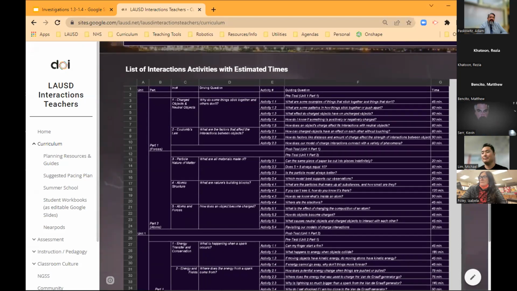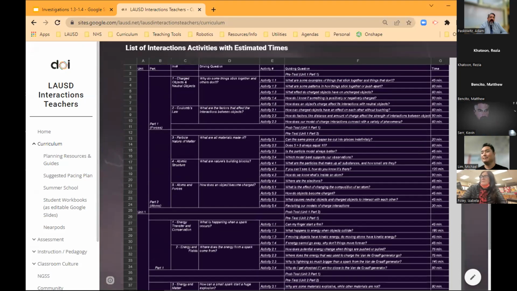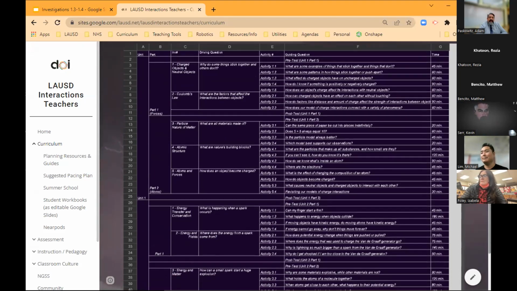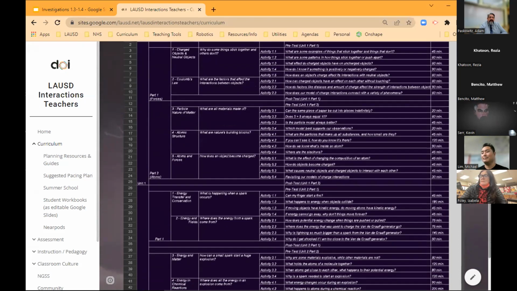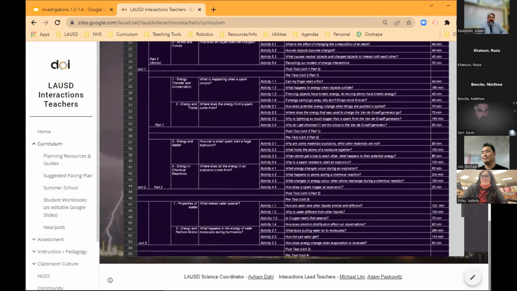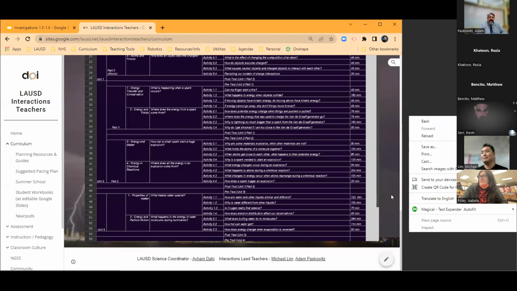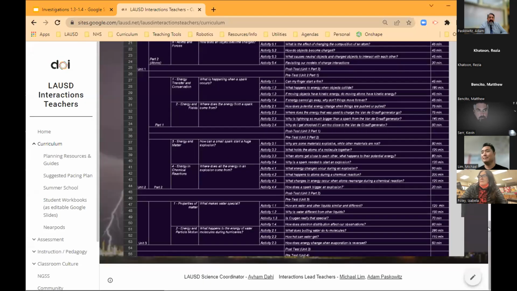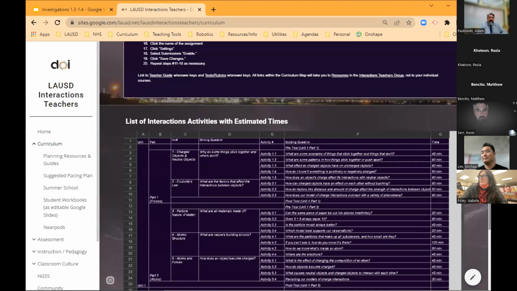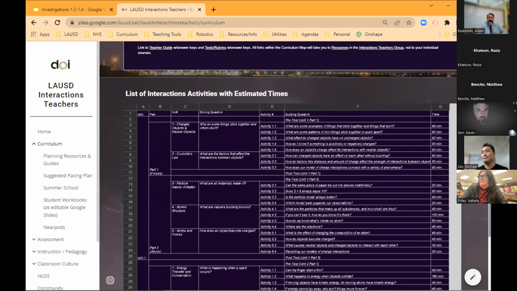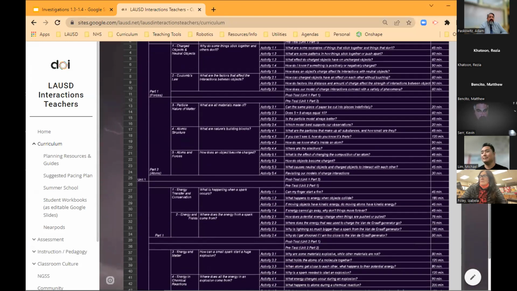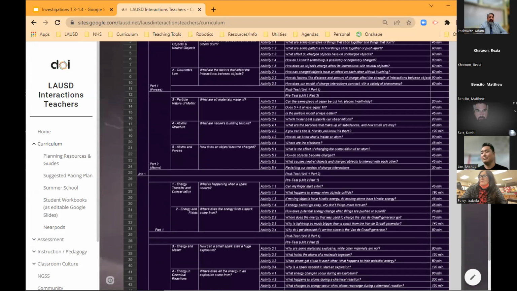And then we have just a list of how long you might expect to spend on each activity if you do them all in sequence. These numbers are not super accurate. I would guess that you will probably take more time for most of these than is listed here. But these are the times that were suggested by the curriculum writers.